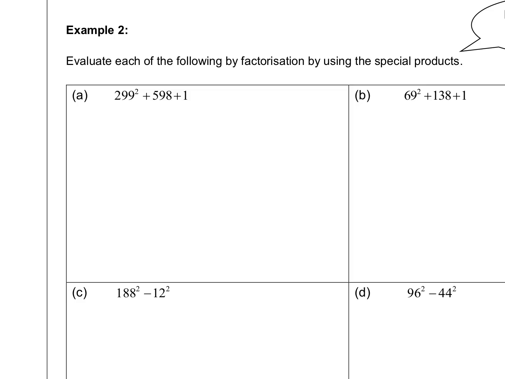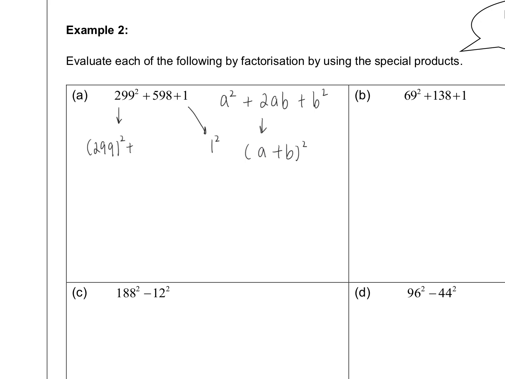Which rule are we using, right? Okay, look at question A. Which one are we using? A. Okay, so we will use this to help us solve the problem. This is already a square. This is already b square.